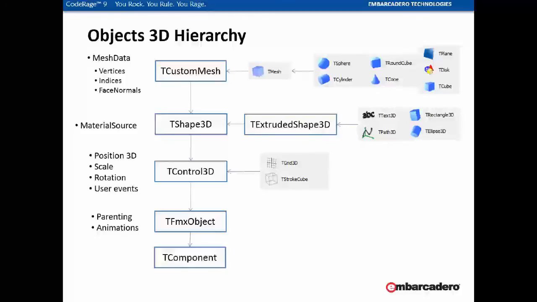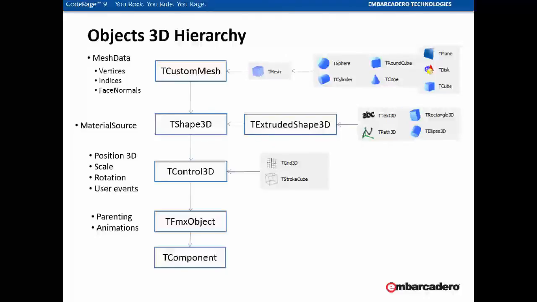in a 3D application. On the next level we have TShape3D. This is a component or class that introduces support for materials. In FireMonkey 3D programming, the material is a separate component, so different 3D objects can reuse the same material.